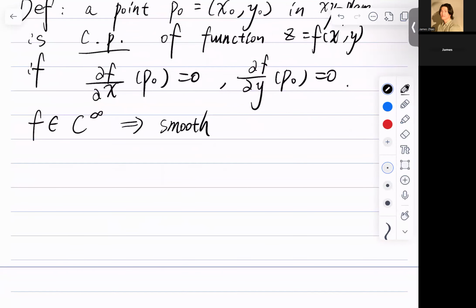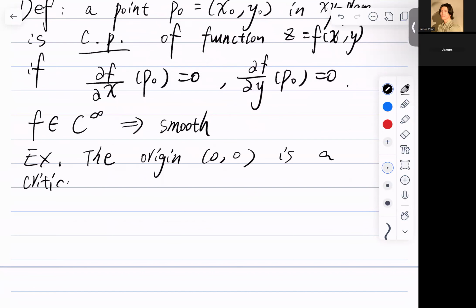So let's look at one example to give you some concrete intuition. So the origin, 0, 0, is a critical point of each of the following.